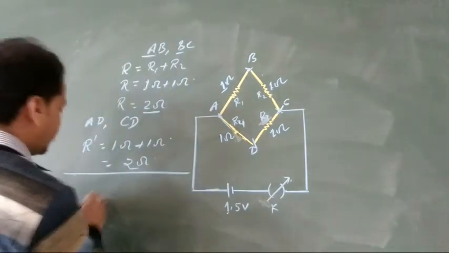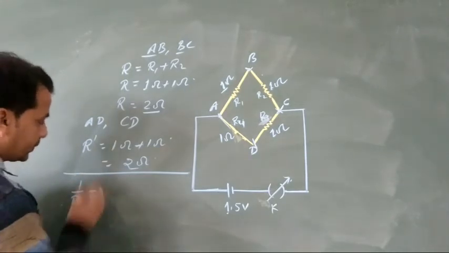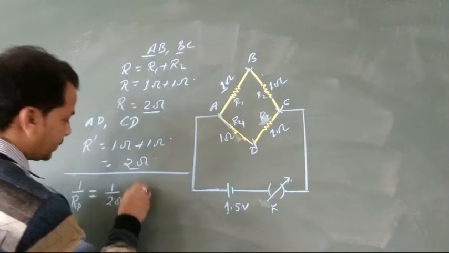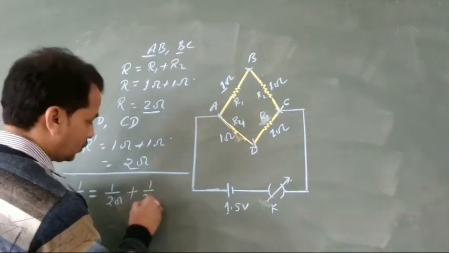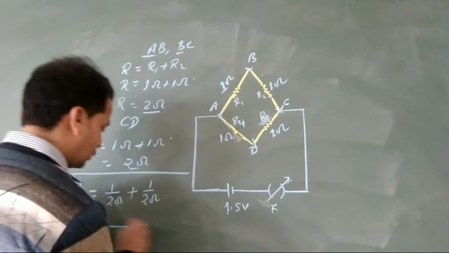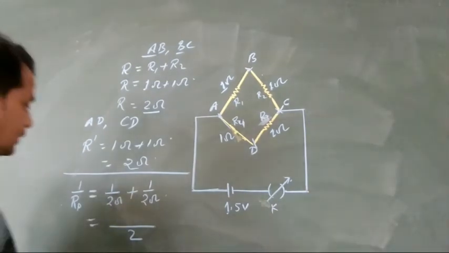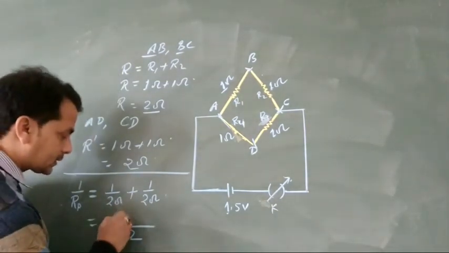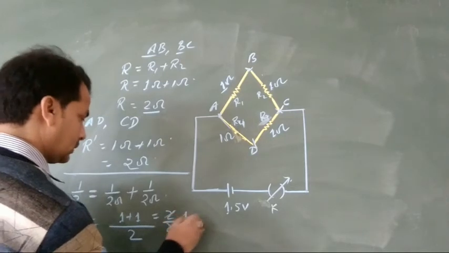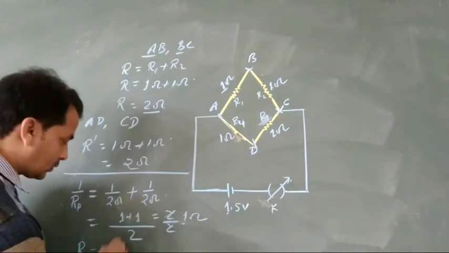So the equivalent resistance, 1 by R P, is 1 by 2 ohm plus 1 by 2 ohm, that is 1 plus 1 by 2, that is 2 by 2, that is 1 ohm. So the effective resistance here is 1 ohm.